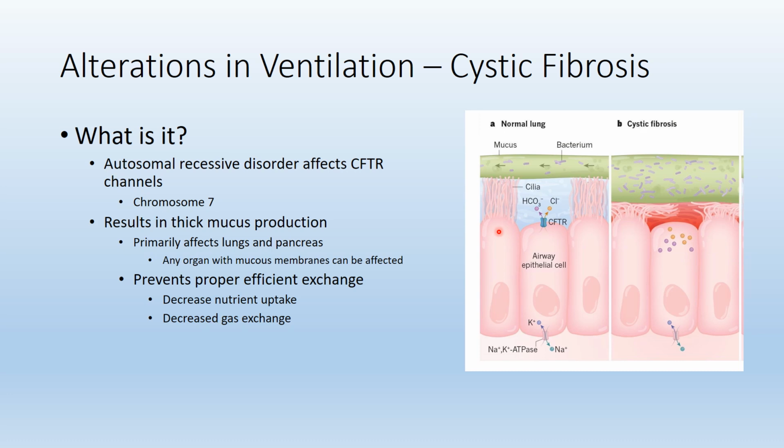It can have nutrient effects too, in that it will block absorption of nutrients from our digestive tract if this mucous membrane gets too thick. The cilia cannot function properly because the mucus is too thick to move, so the cilia don't propel the mucus out of the lungs. We're going to talk about treatments later, and part of one of the treatments is helping this mucus get out of the lungs.